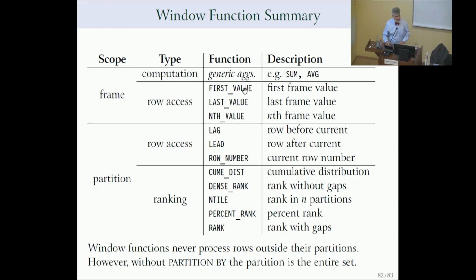First value, last value, and nth value all operate on frames. All of the other functions operate on partitions. It doesn't matter what window frame you define. So lead, lag, row number are all row access type of functions, and ranking functions also operate on partitions, not on window frames. Okay? Window functions never process rows outside their partitions, but without a partition by, their entire set is a single partition.